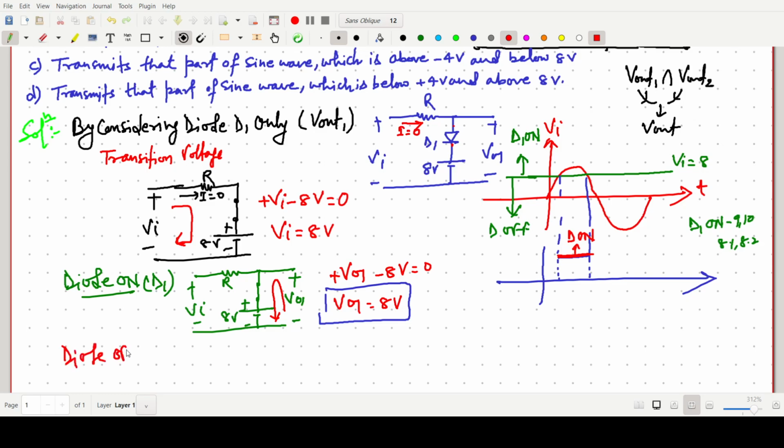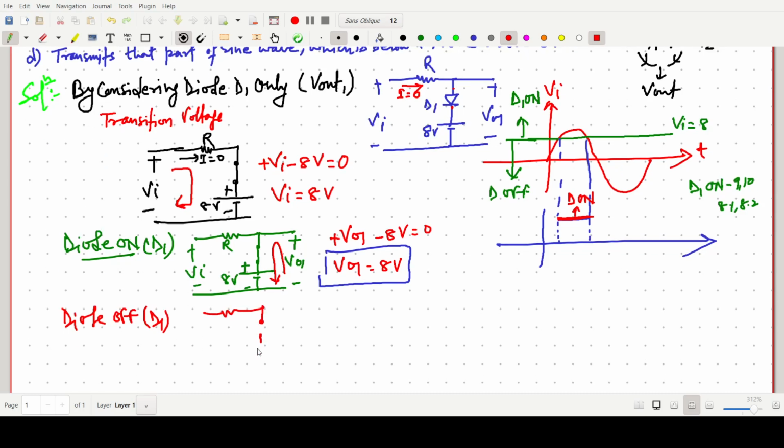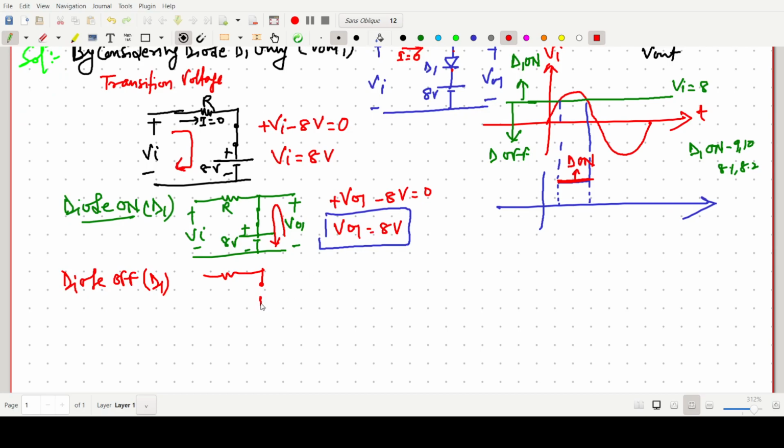When diode D1 is off, it is open circuited. A similar type of problem I have already solved, but this one is a combination of two diodes. So first we go for a single diode. If 2, 3 or 4 diodes are there, you just bifurcate into single diodes, and at the end we take the intersection of the outputs.